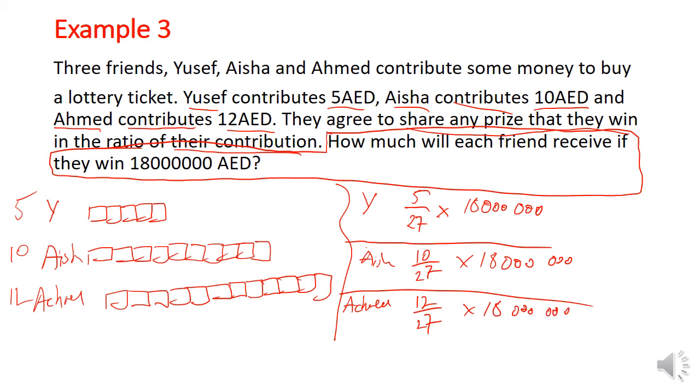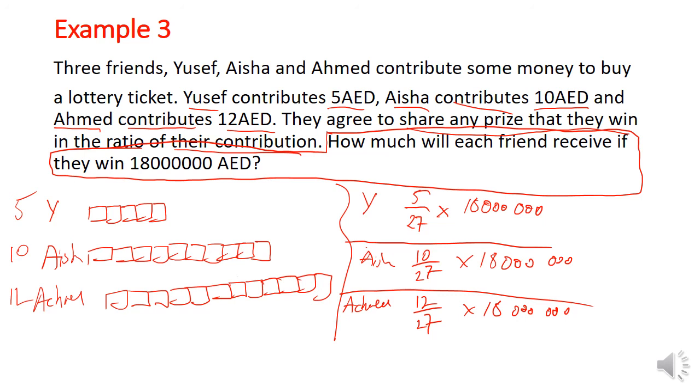And you could use your calculator to find that out. The quick and easy way is we could make the 5 over 27, you could do 5 divided by 27, make it into a decimal, and then multiply that by 18 million.